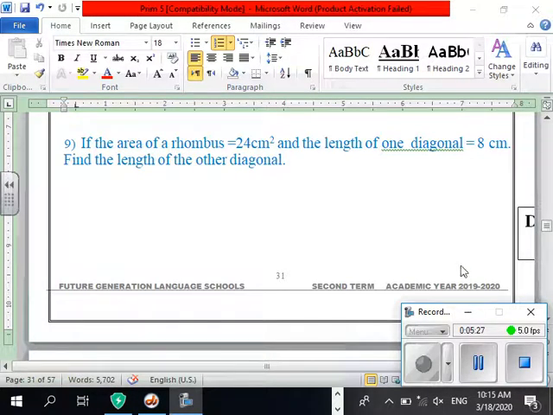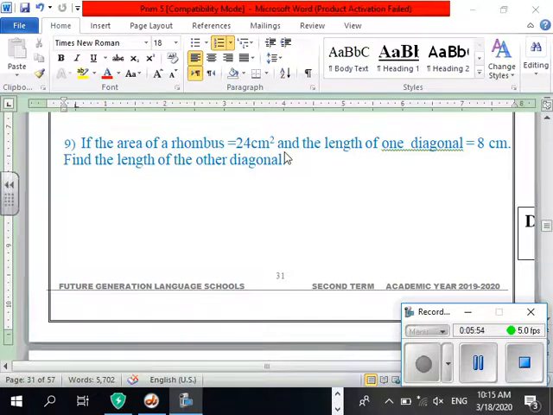Okay, now we will see if I have the area of the rhombus and we want to find the diagonal. Here we have the area of the rhombus, 24 centimeters square, and the length of one diagonal is 8. So diagonal 1 equals 8. To find the length of the other diagonal, I will use the magic triangle rule.